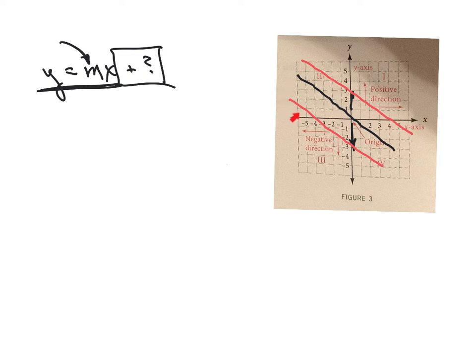It would be the same steepness, or in math terms, the same slope, S-L-O-P-E. And so that's what we're going to look at. What happens if we add a number to our y equals mx? So let's get rid of that and leave it as y equals mx. And we'll just add some numbers to it or subtract some numbers from it.